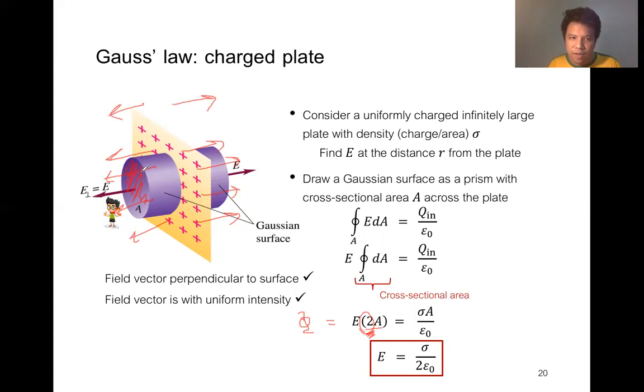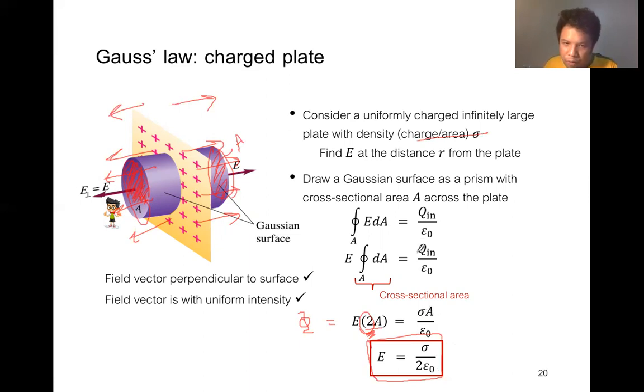The first side has the area A of the Gauss surface, and the other side also has another area A of the Gauss surface. So the total area would be 2A. And finally, we should find that the electric field E is in terms of sigma, the charge per area, and epsilon 0.